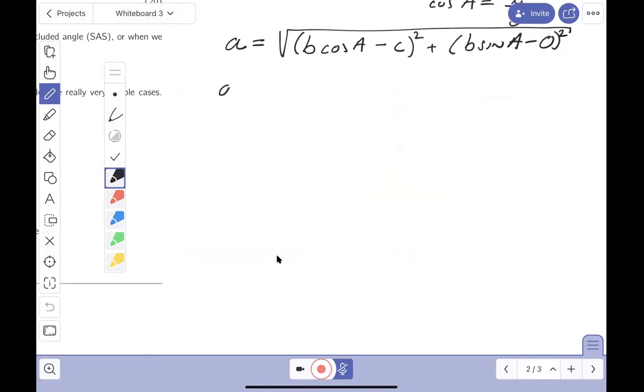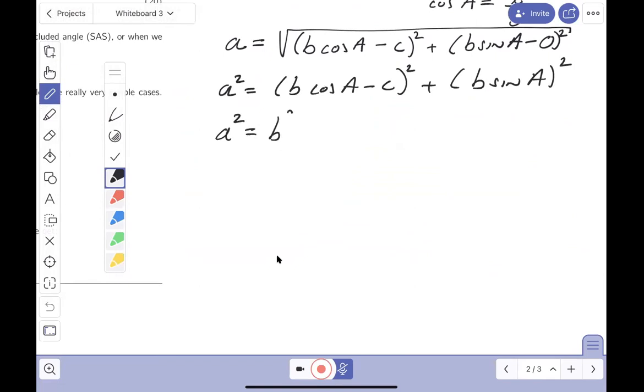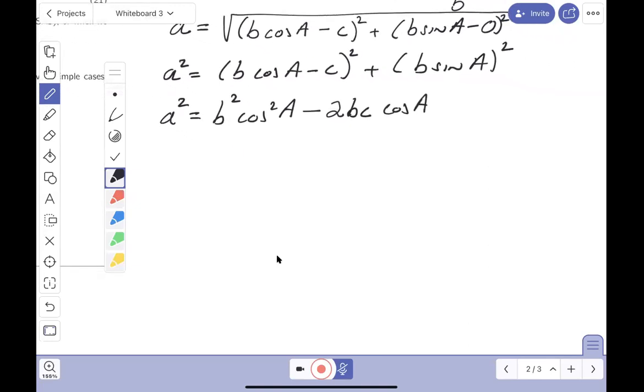You get a squared equals b cosine A minus c, squared, plus b sine A squared. Let's do it. You get a squared, this would be b squared cosine squared A minus 2bc cosine of A. Wow, it's going to go on for a long time, isn't it?